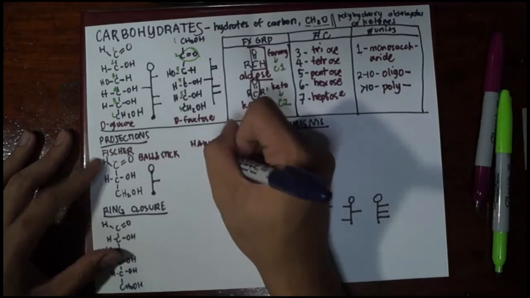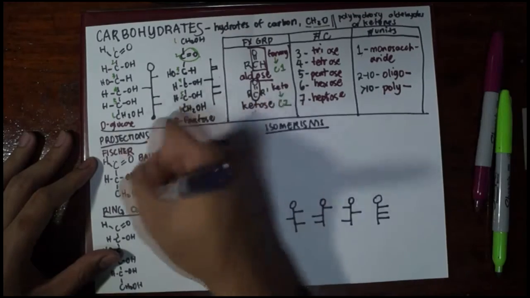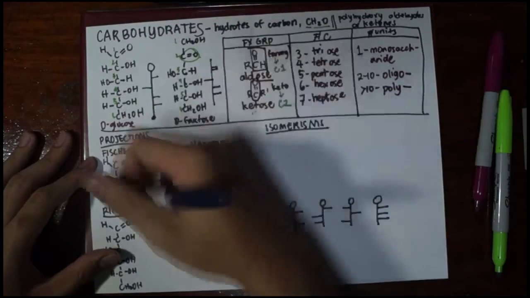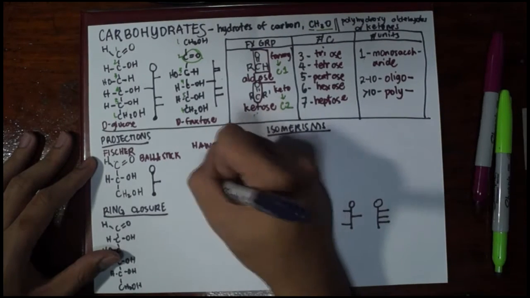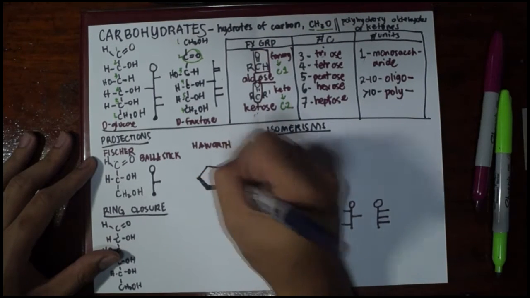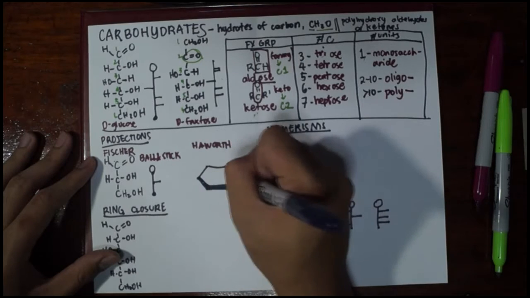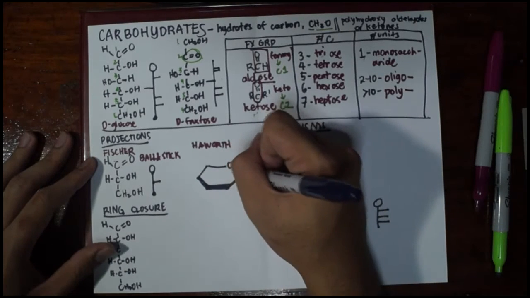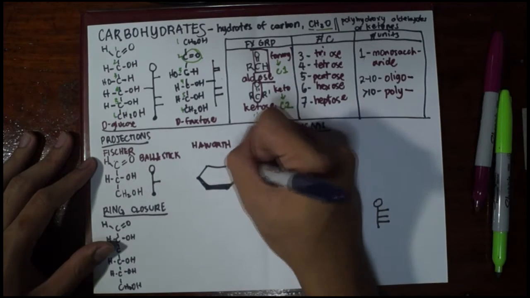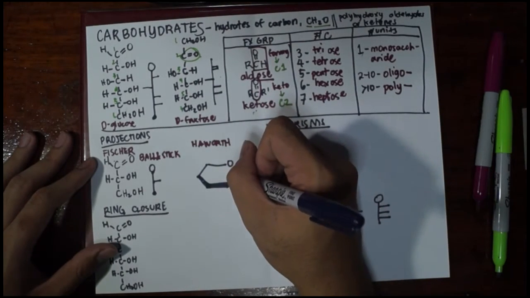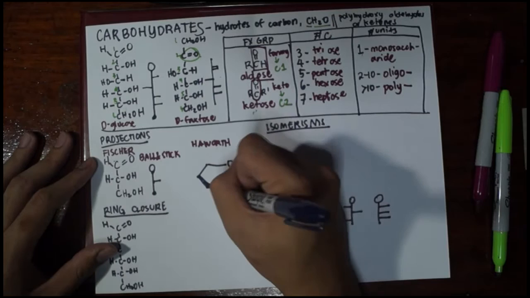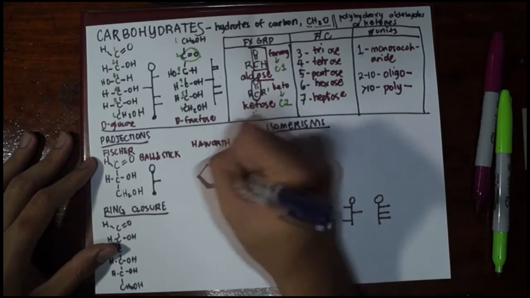However, all of these are linear forms. When we deal with the non-linear form of carbohydrates, and this does happen, I'll explain it later, just after this. The Haworth projection of glucose, let's say, is this one.